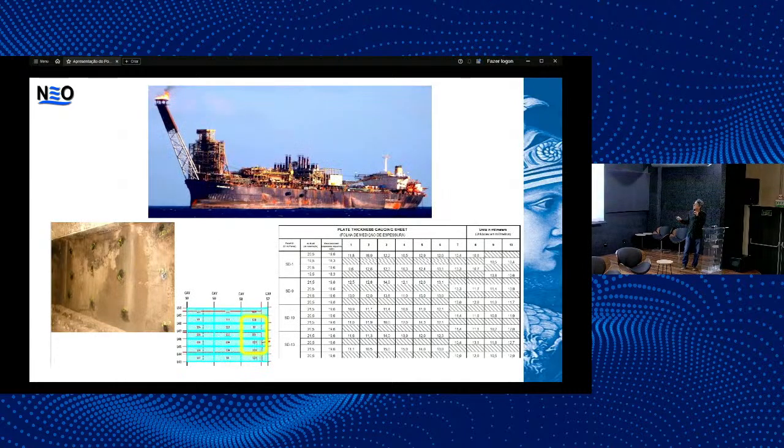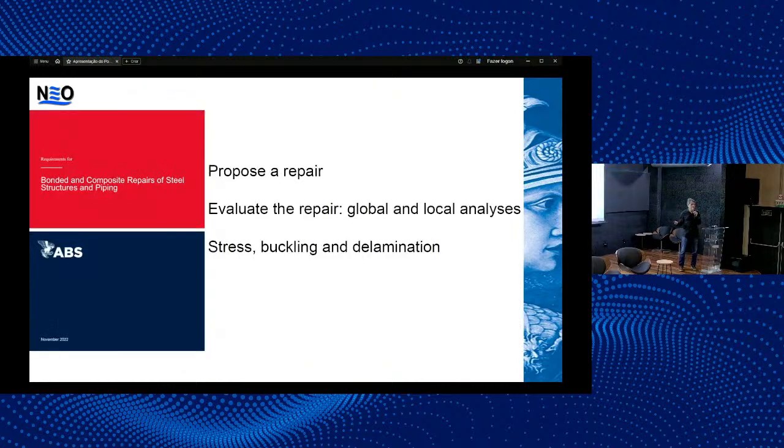Again, the structures are aging, they suffer corrosion, and the thickness loss is measured periodically, and they cannot dock, so they have to do in situ repair, traditionally using steel welding, and this is dangerous and time consuming.